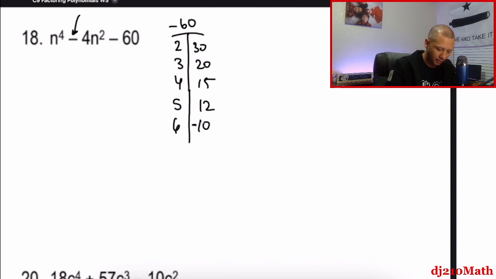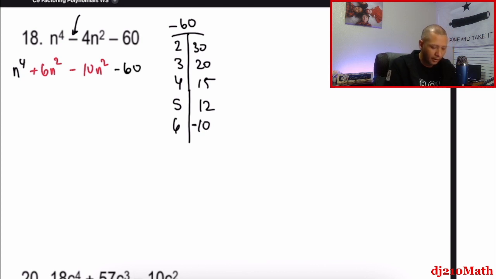Okay. So n to the fourth plus 6n squared minus 10n squared minus 60.